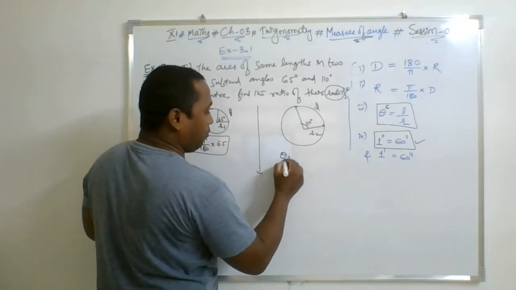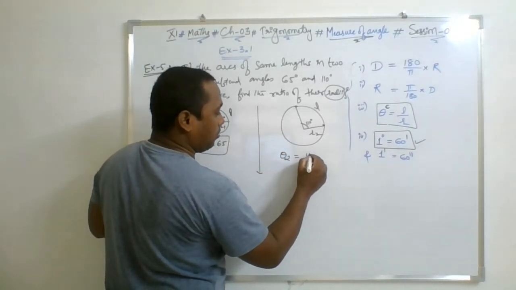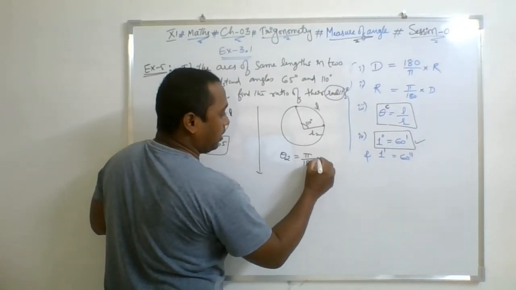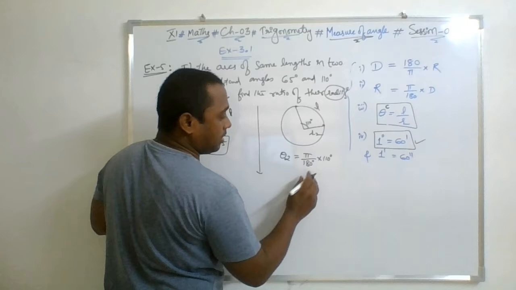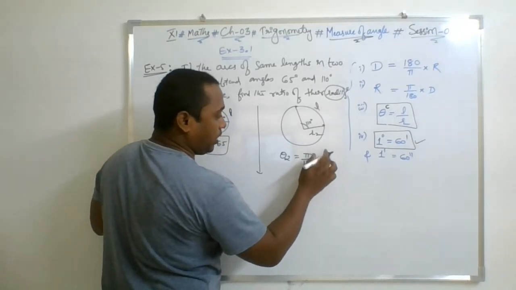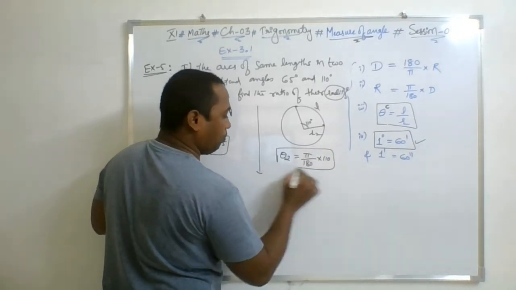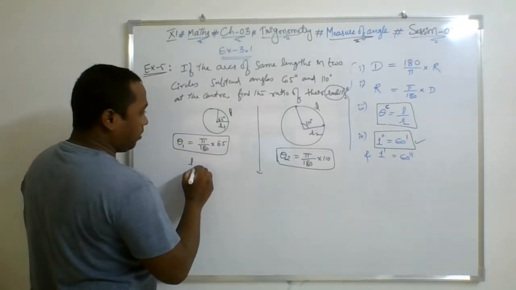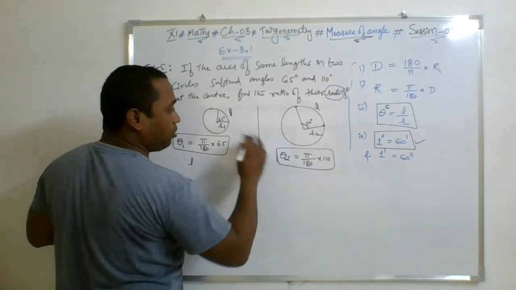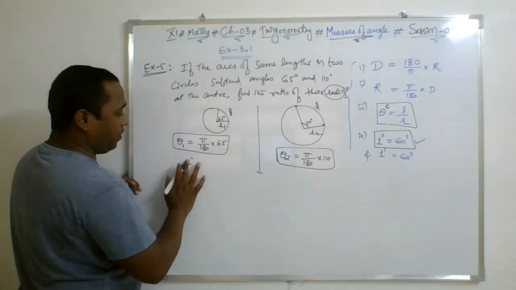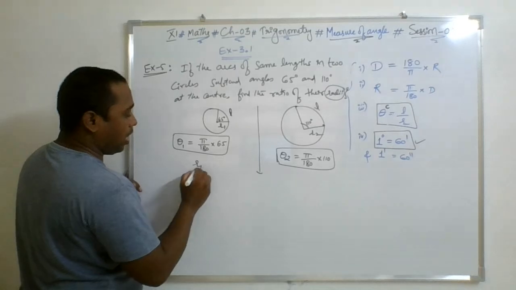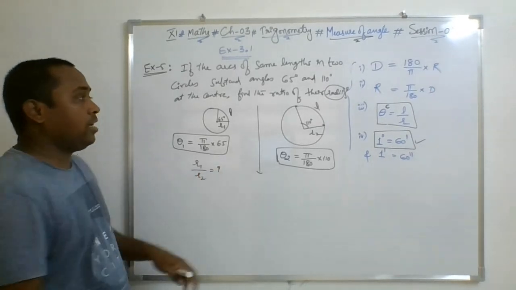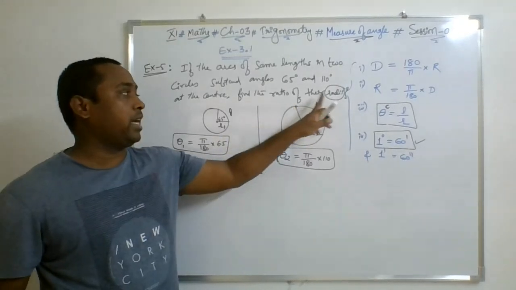And what is the theta 2 value? Simply pi by 180 into 110 in terms of radians. And we know the length of arc is the same, and we want to find R1 by R2, that is the ratio of their radii.